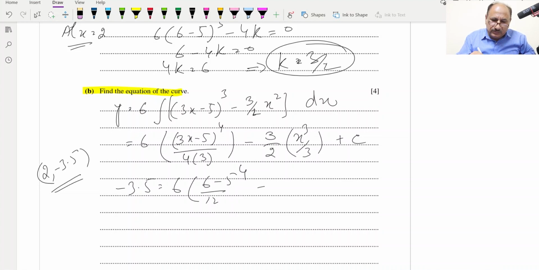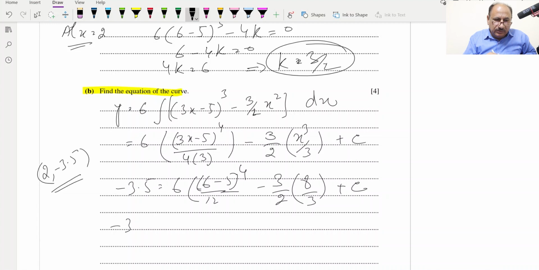This power 4 is only for the upper portion, so we write the bracket over here, and minus 3 by 2, and 2 cubed will be 8 over 3, plus c.